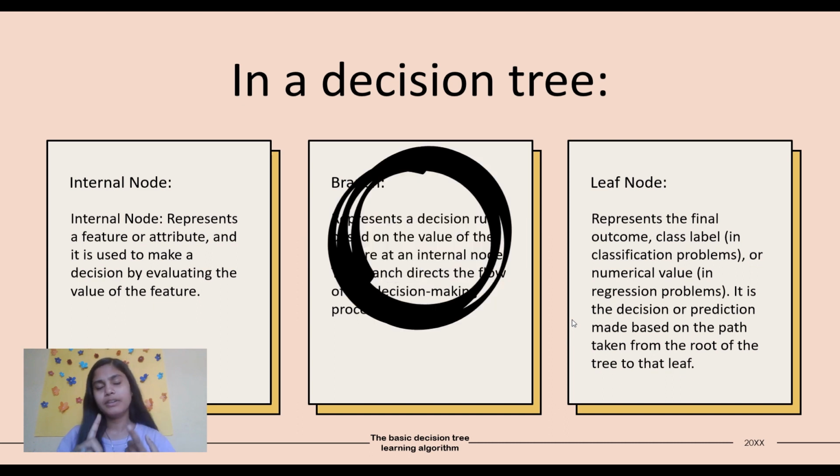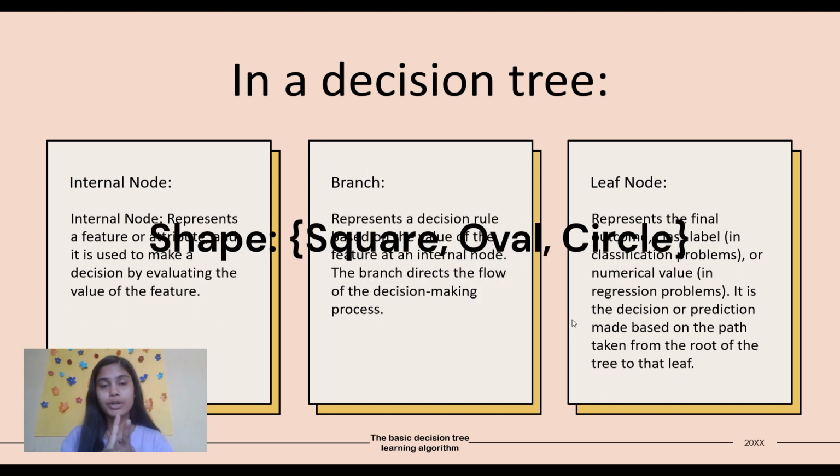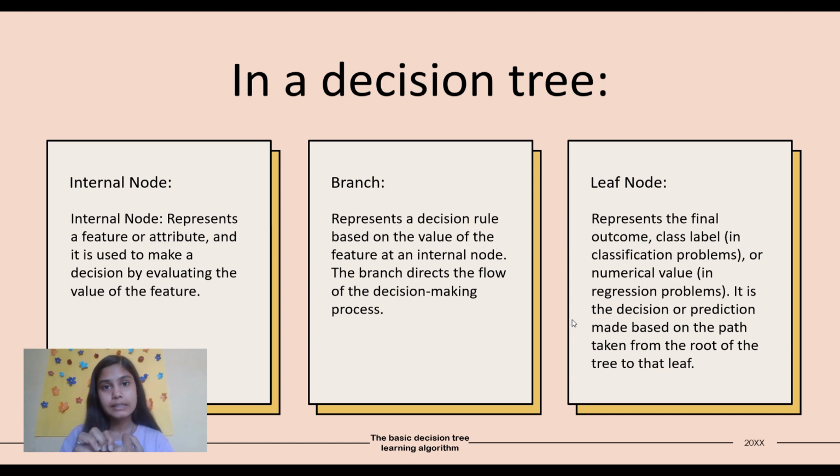For example, we have an attribute named shape, and the values of the shape are square, oval, and circle. So the shape is the attribute, and these three things, circle, oval, and square, are the values of that attribute.